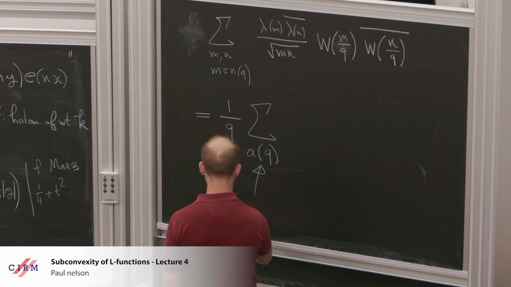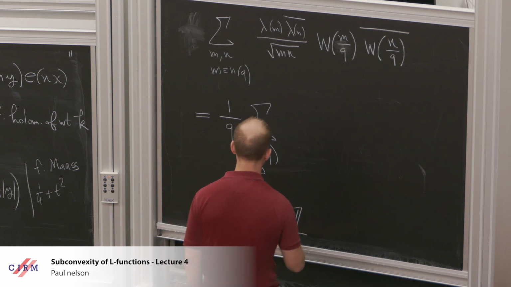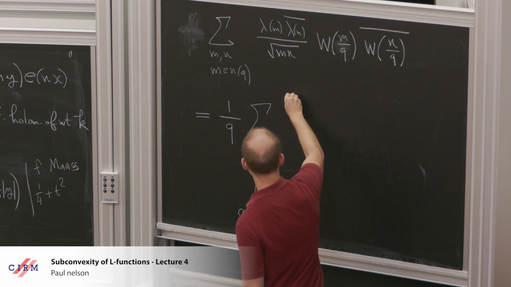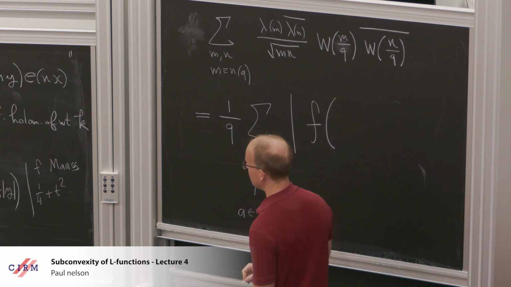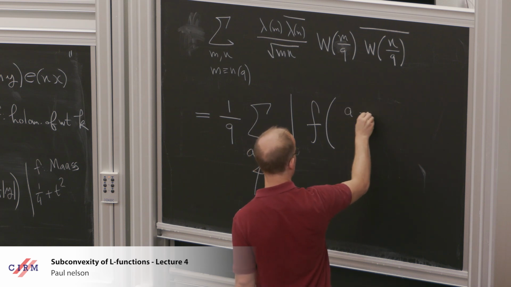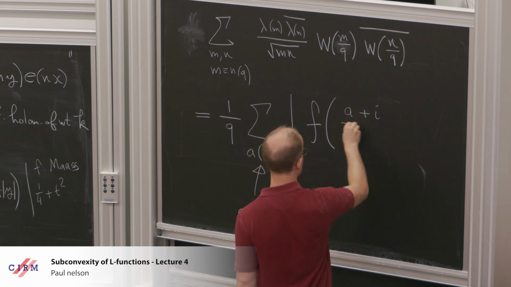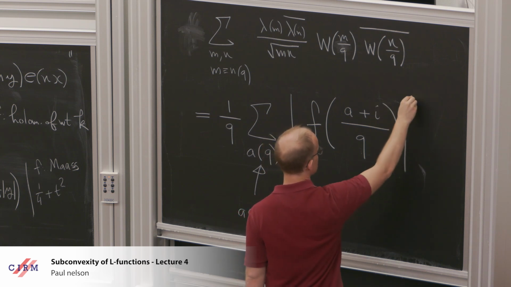This is just my shorthand notation for a in Z mod qZ of the absolute value of f evaluated at, so I get to choose some numbers x and y, a plus i divided by q, squared.